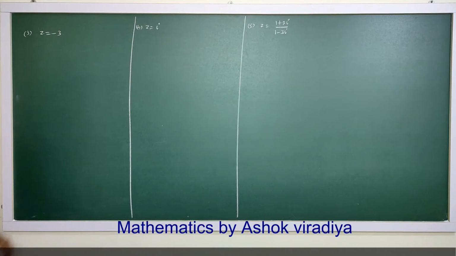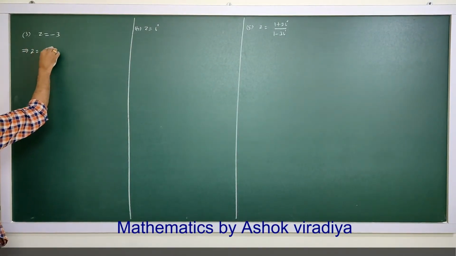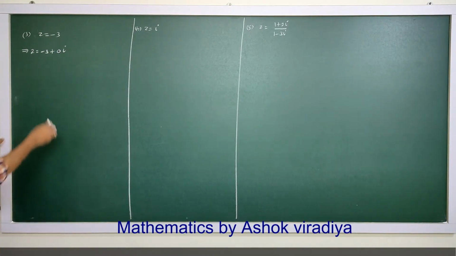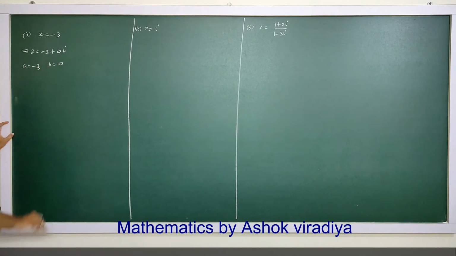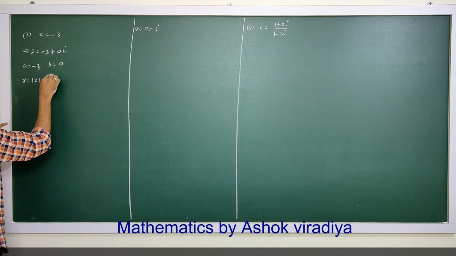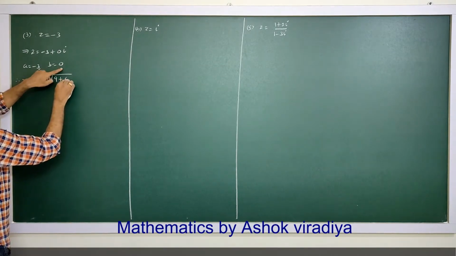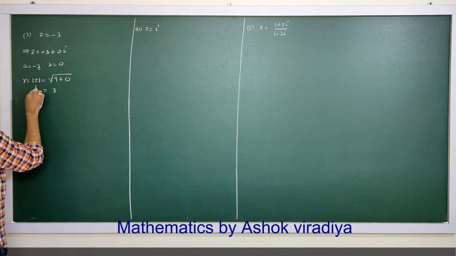So z is minus 3. This can be expressed as minus 3 plus 0i. So a is minus 3, b is 0. So here r, the modulus of z, is root of a square plus b square, that is 3. So modulus of z is 3.